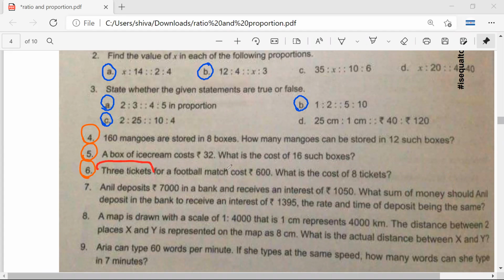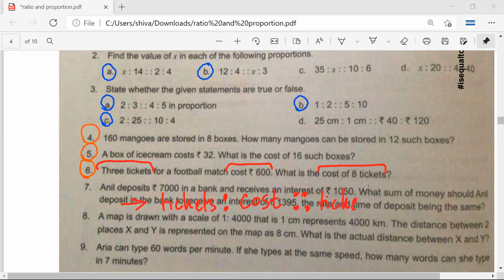Question number 3. 3 tickets cost 600. Cost of 8 tickets. So, Satya, what can we write? First, you have to write it in the ratio in English. So, tickets is to cost, or price, whatever you want to write.